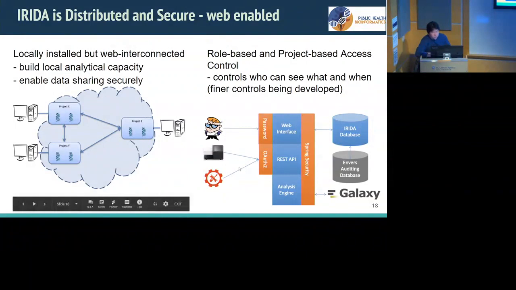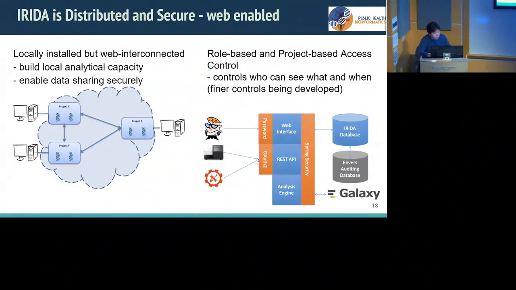And again, for those technophiles out there, we use the industry standard OAuth 2 for authentication and authorization of who can access the system, including not just people, but also software.